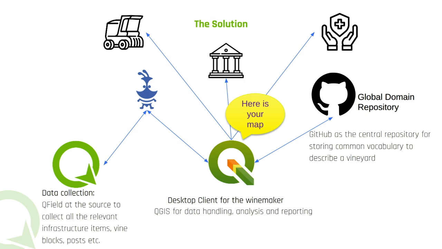Then through QField Cloud, everything gets into QGIS. QGIS is this central place where it gets all the information from the government, and then from his machinery that have some sensor that can deliver also data, and the information that he generates from QField itself.